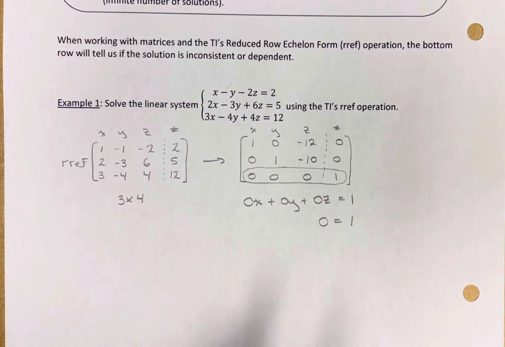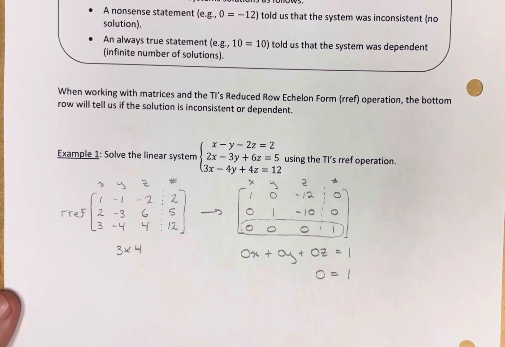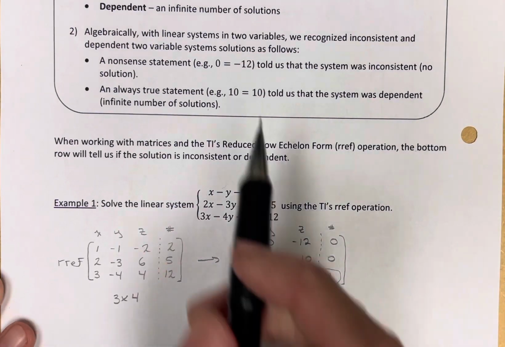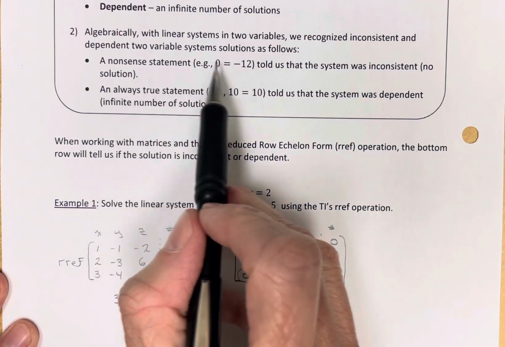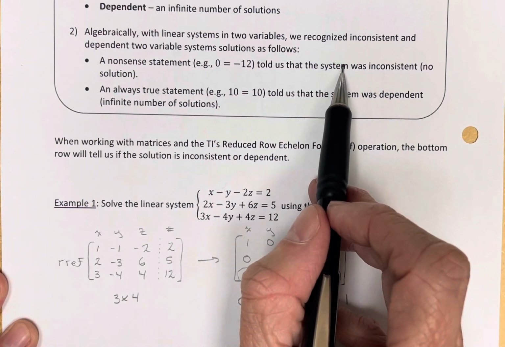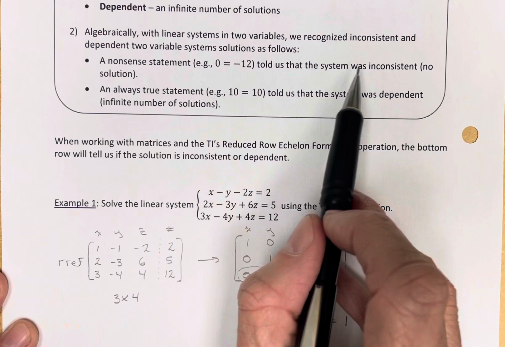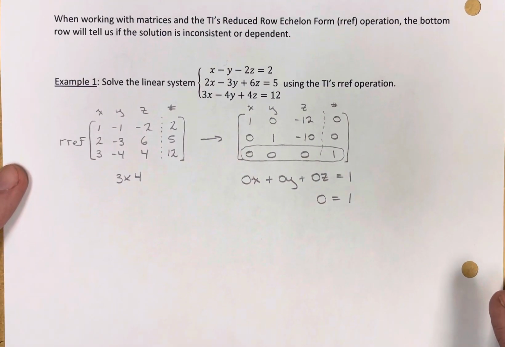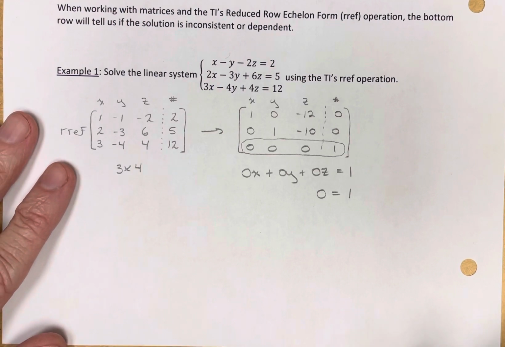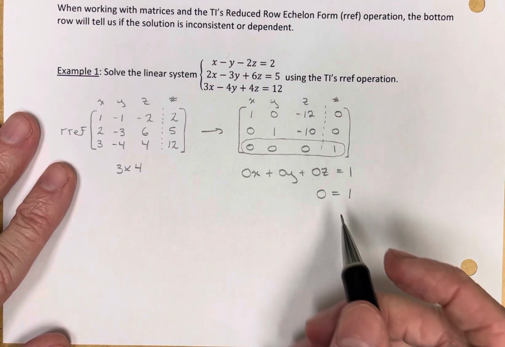0 equals 1. Well, we saw that in our 2 by 2 as I look up the paper a little bit right here. When we had a nonsense statement, it told us the system was nonsense. There was no solution. It was inconsistent. Well, this tells us the exact same thing, in this case, for a linear system of 3 variables.